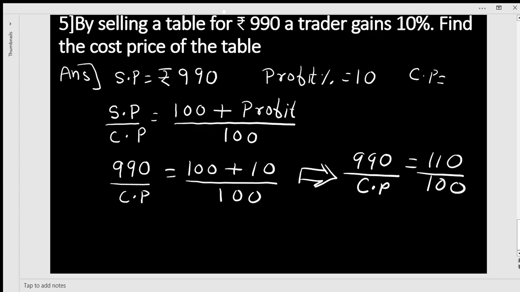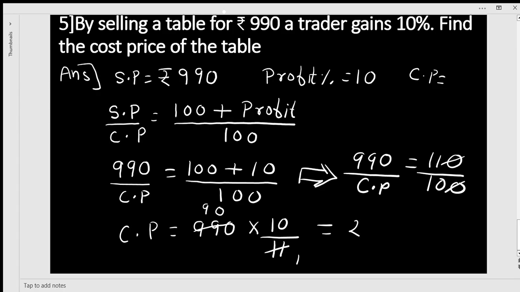Correct? Zero, zero cut. Now since cost price is in the denominator, we'll bring it in the numerator. So cost price is equal to 990 into 10 upon 11. 11 ones are 11, 90s. So here it is rupees 900.